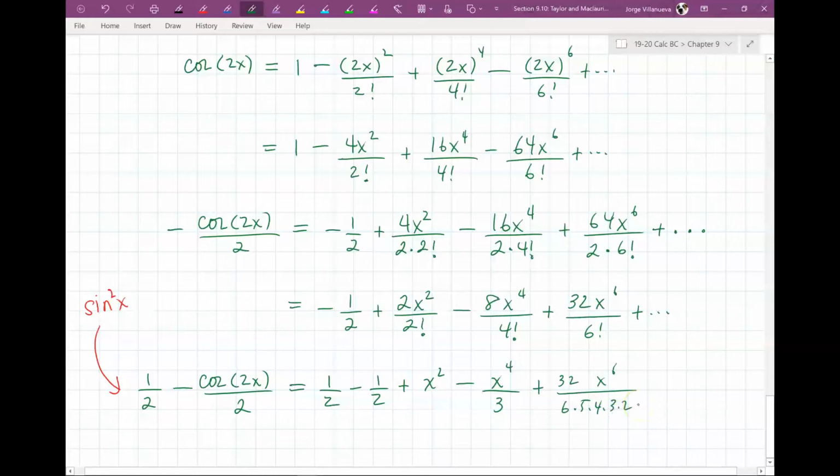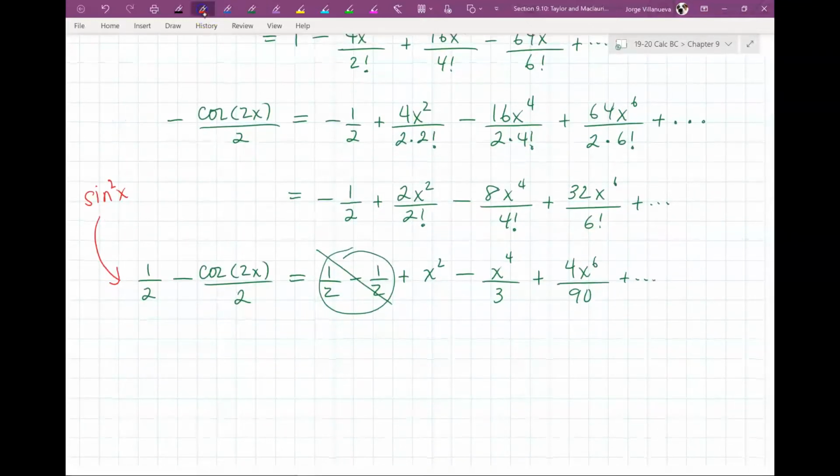So I can divide by 2, that'll make it 16. I can divide by 4, that'll make it a 4. And that's all I can do. So it'll be 4x to the 6th over 90. Now this cancels.